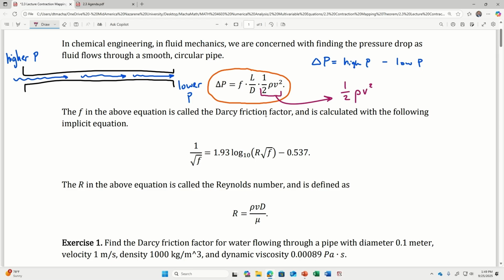You've all taken a physics class? What's the kinetic energy of a moving object? Nobody? The kinetic energy of a moving object is 1/2 mv squared.